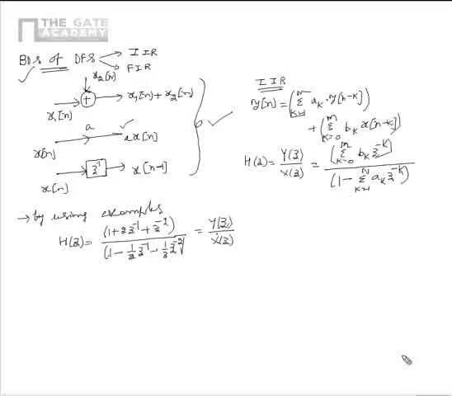Upon simplifying this system function with Y of z terms on left hand side and X of z terms on right hand side, and after taking inverse z transform, we get the LCCDE of the system as y of n minus 1 by 2 y of n minus 1 minus 1 by 3 y of n minus 2 is equal to x of n plus 2 into x of n minus 1 plus x of n minus 2.